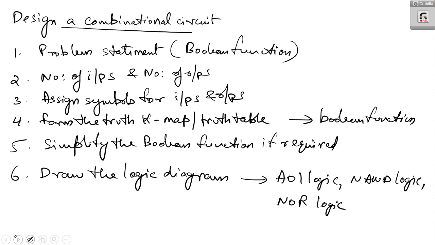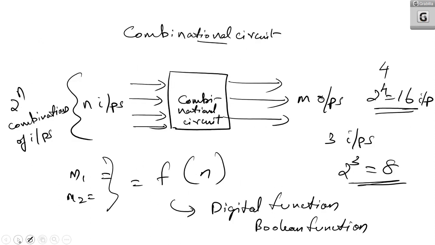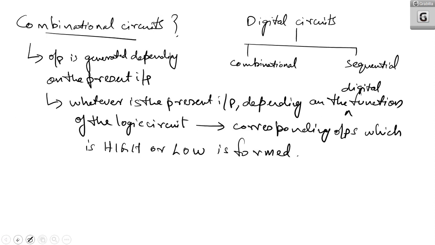Okay. So this lecture was an introduction to combinational circuits. What is a combinational circuit? It means it works on the present input. Whatever the present input is, depending on the Boolean function given by the circuit, the corresponding outputs are produced.